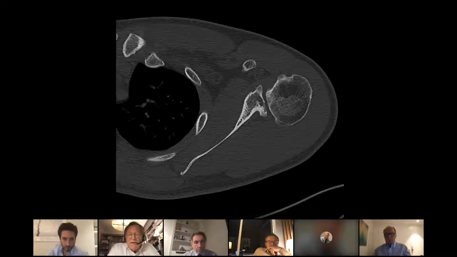So I can correct this pathologic retroversion, and I can do some reconstruction of the glenoid cavity.